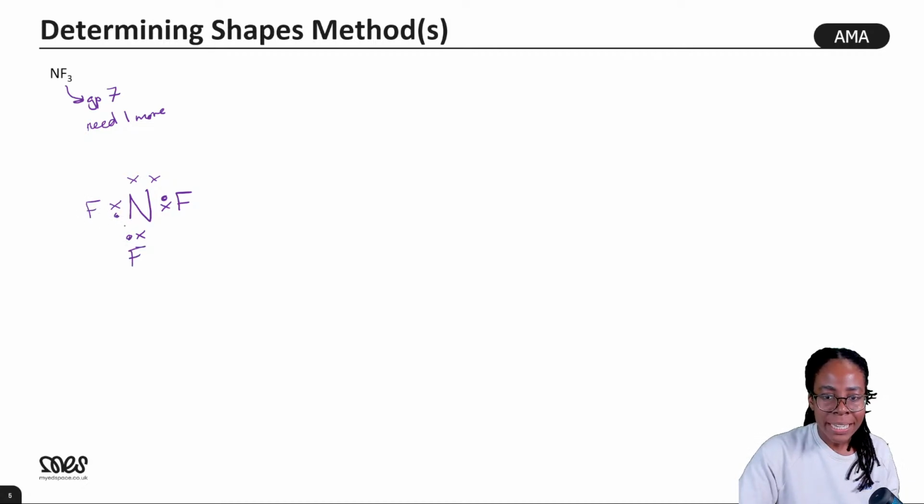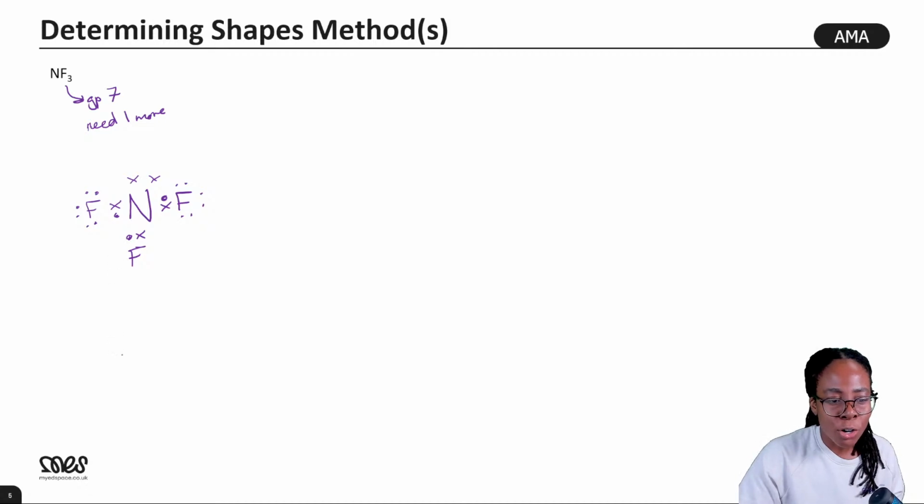Of course, fluorine also has its non-bonding electrons, its lone pairs, but to determine the shape, we don't care about fluorine's non-bonding electrons. We only care about the electrons around the central atom.